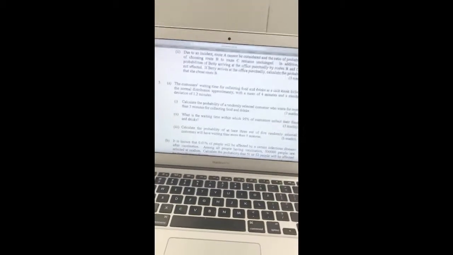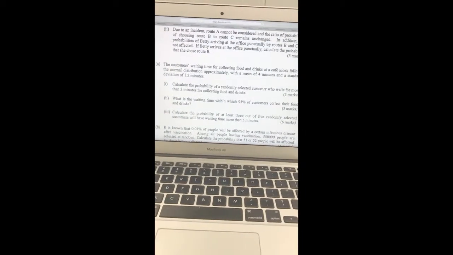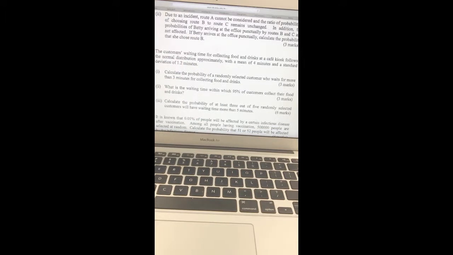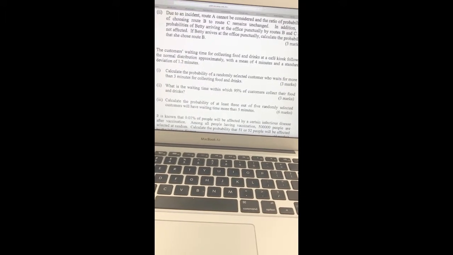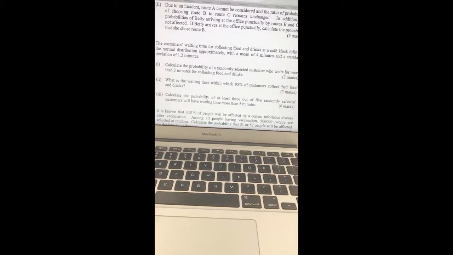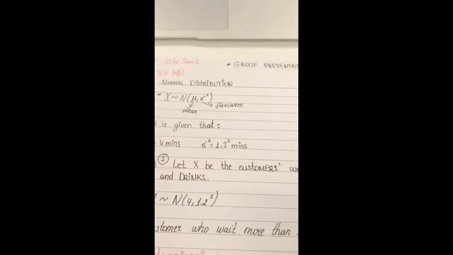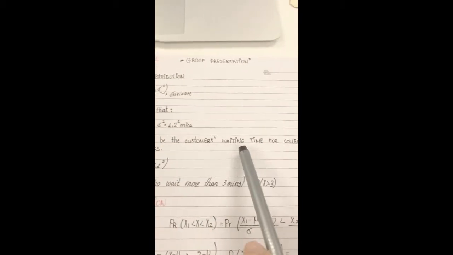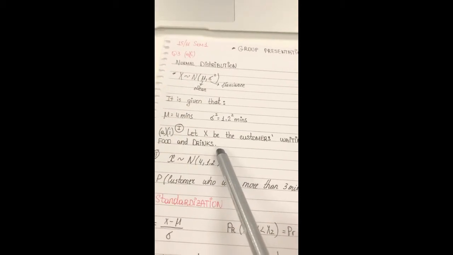Now we are asked to calculate the probability of a randomly selected customer who waits for more than 3 minutes for collecting food and drinks. In order to calculate this, first we need to determine the X. Let X be the customer's waiting time for collecting food and drinks.